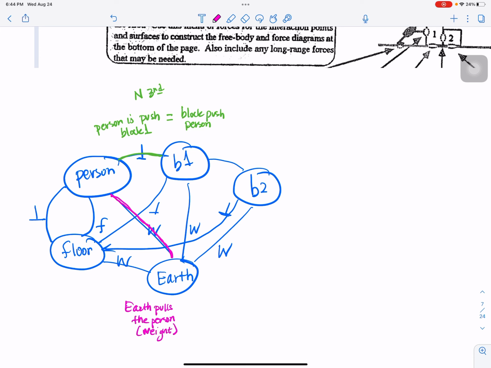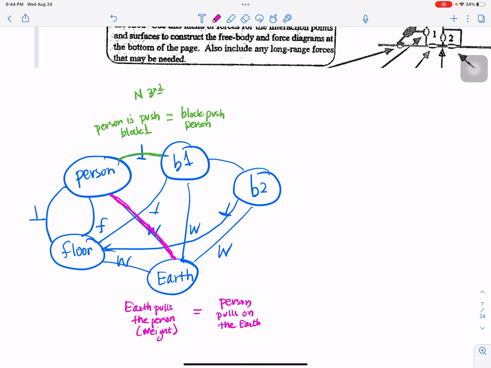But because this line goes from the person to the earth and it is not broken anywhere, this equals the person pulls on the earth. So the earth pulls on us, and it's equal to the pull we have on the earth. That is Newton's third law. Again, we'll talk about it more.